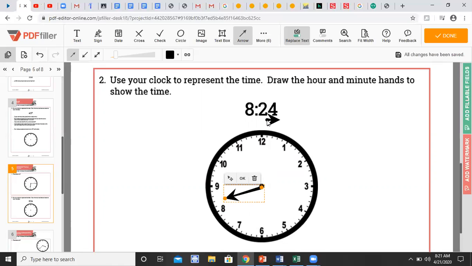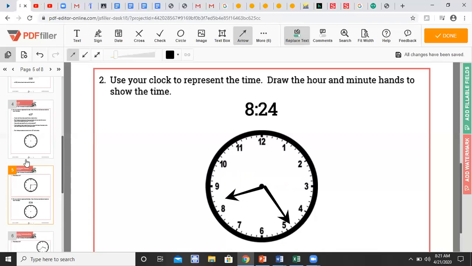So I'll take my time and count to 24, counting by fives. 5, 10, 15, 20, 21, 22, 23, 24. And we'll go here. Okay, so we have the time of 8:24.